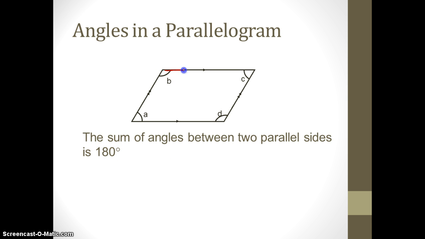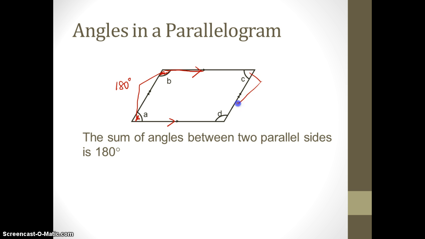So let's look at these parallel lines. When I talk about the sum of angles between two parallel sides, I'm talking about this angle and this angle. So angle A plus angle B will give me 180 degrees. These are again these two parallel sides.